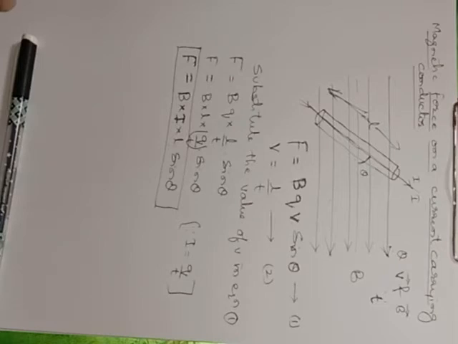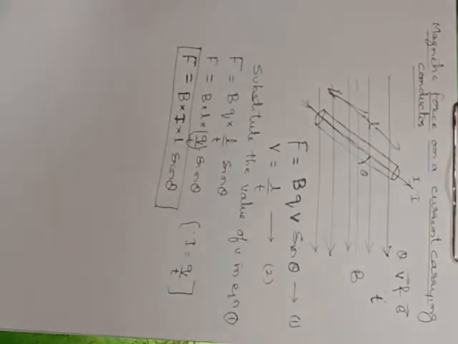When the charge is moving in the electric field and magnetic field, the force is given by Lorentz force and it is given by Fe plus Fm. What is Fe? Force due to the electric field. Fm is force due to the magnetic field.